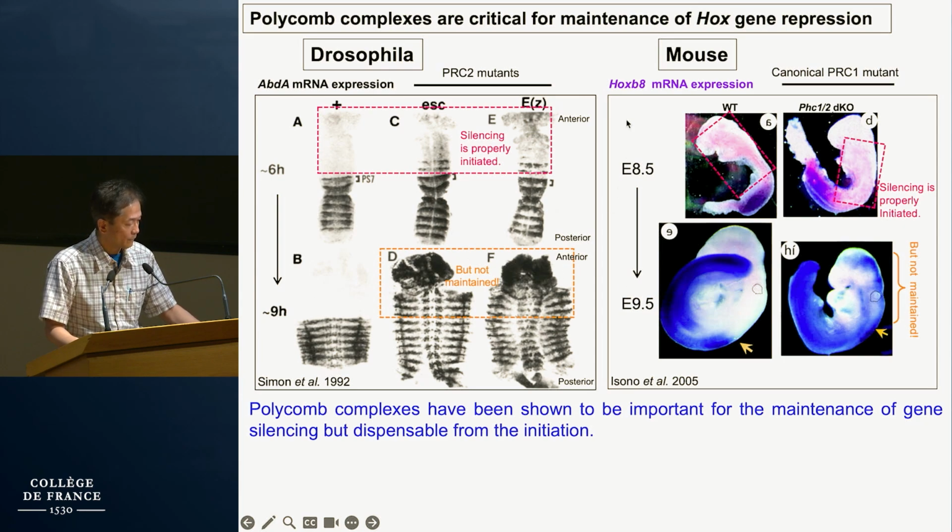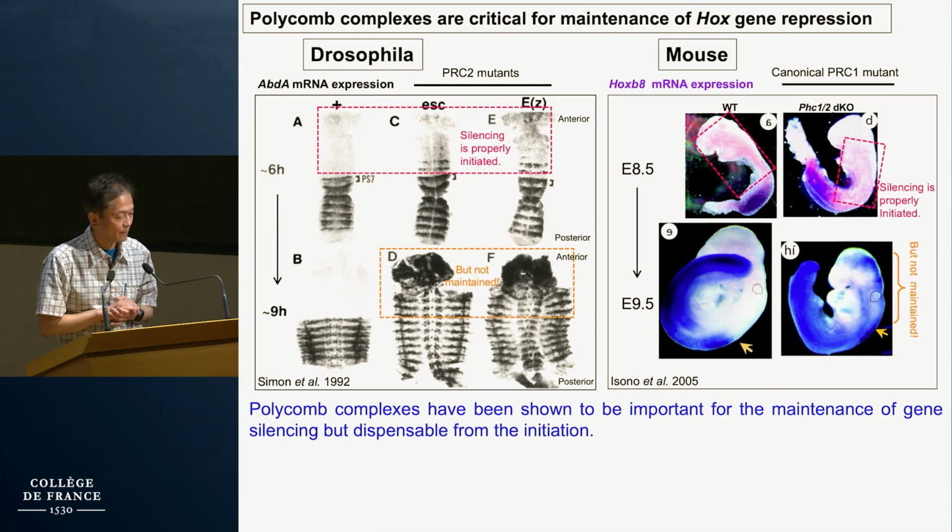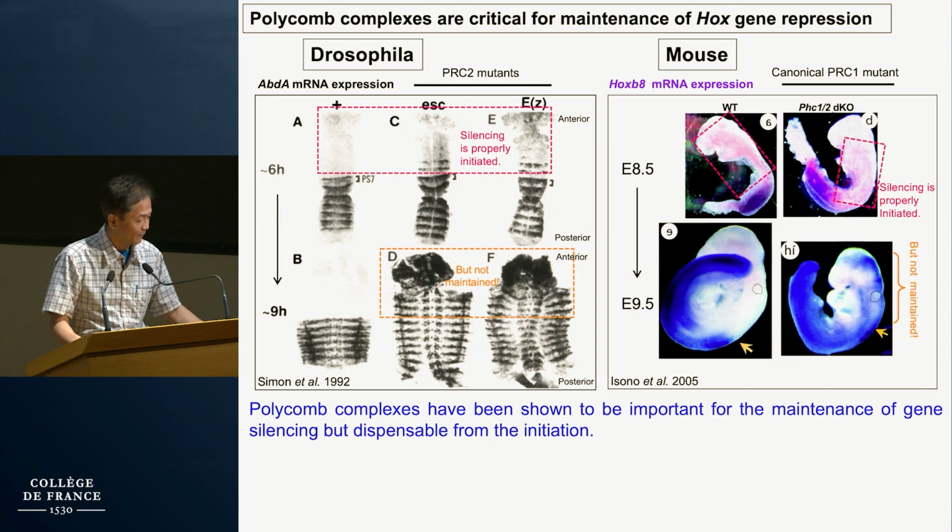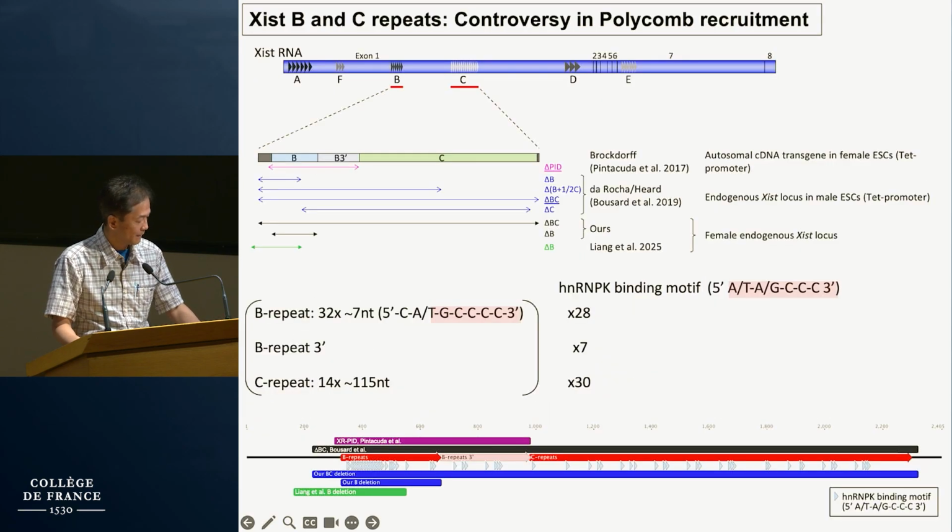It's the same for mouse Hox gene silencing. It's properly silenced in this PRC1 mutant, but its silencing is not maintained in the later phase of development. So our question is, is this also the case for Xist-mediated polycomb recruitment? Is it essential or dispensable for the Xist-mediated gene silencing phase?